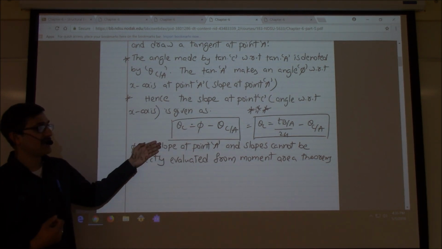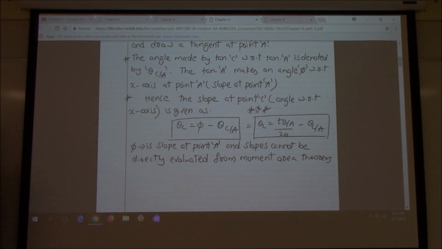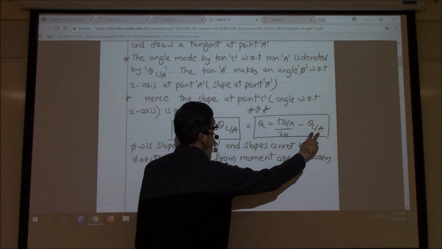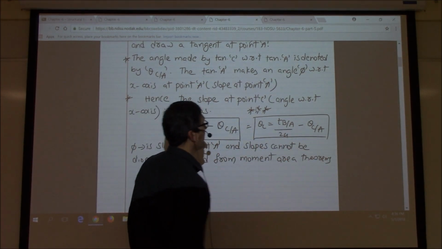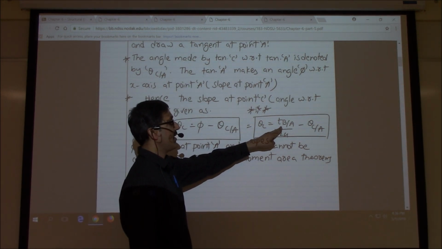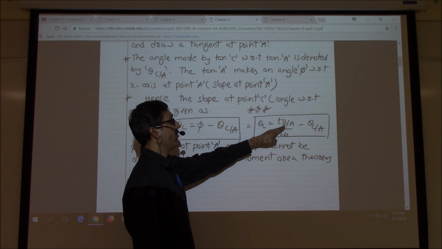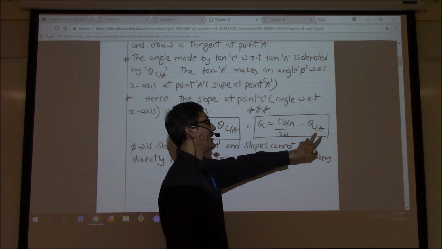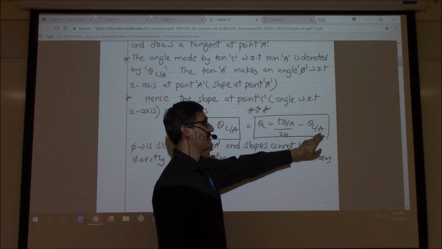So this is the second type of problem. Once again, the procedure for evaluating this TB by A and theta C by A remains exactly the same. This one is obtained by taking the first moment of the M by EI area above the point B, and this is obtained by evaluating the enclosed M by EI area between the point C and A.